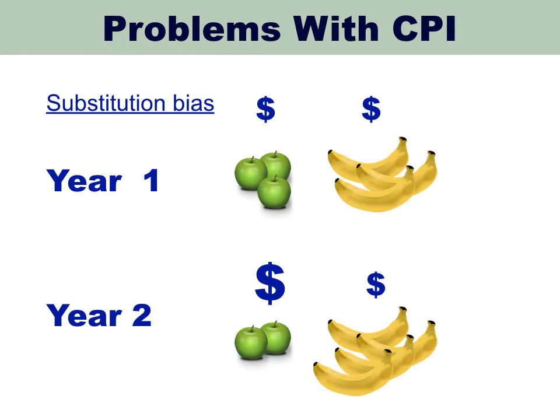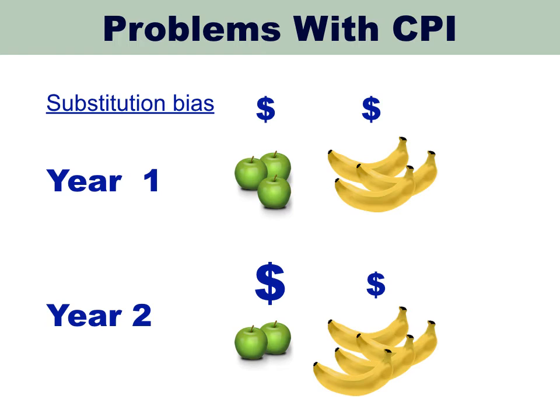Because we're substituting for bananas, in reality our basket of consumption has changed. However, in the calculation, the basket of consumption has not changed. This means that the year 2 cost of the basket is going to be overestimated.